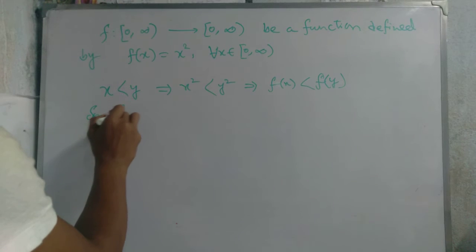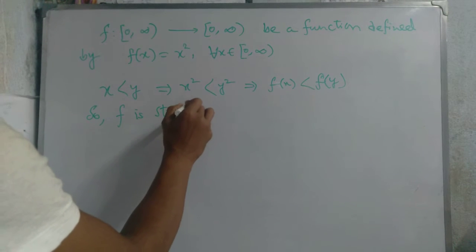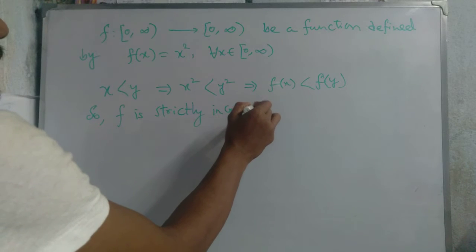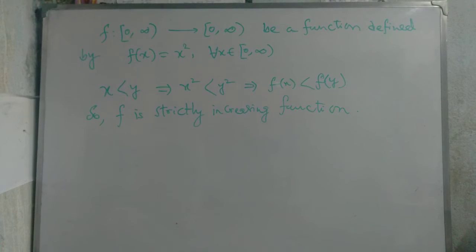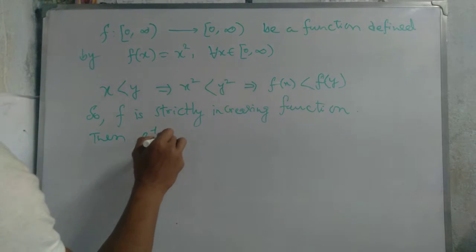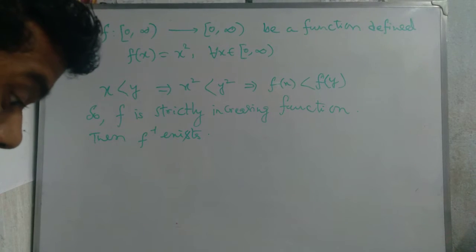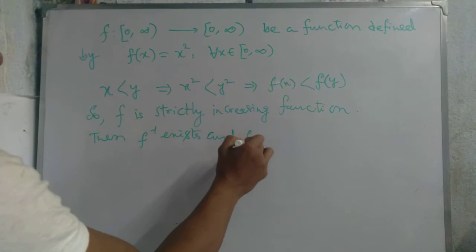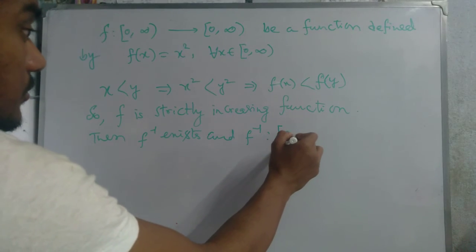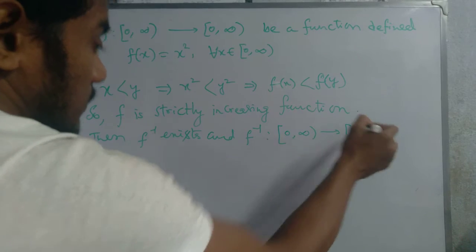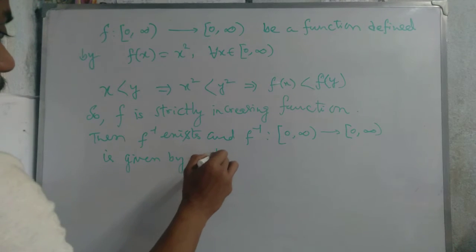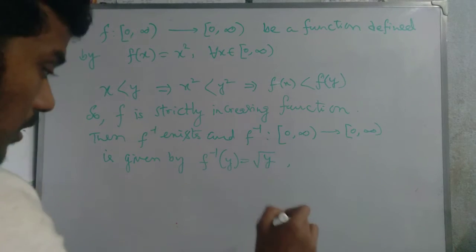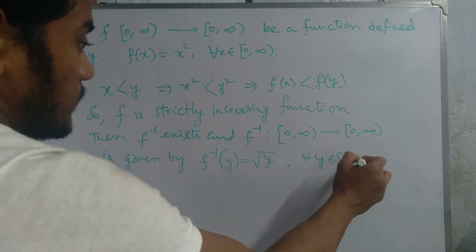So f is a strictly increasing function, then f inverse exists, and f inverse defined on [0, infinity) to [0, infinity) is given by f inverse of y equal to square root of y for all y belonging to [0, infinity).